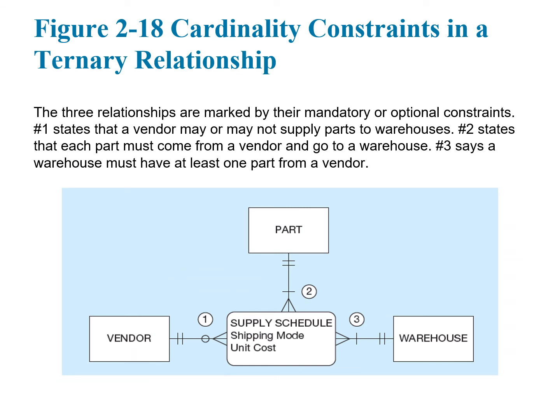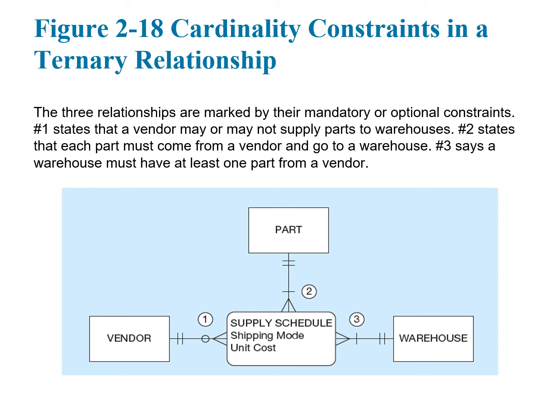Figure 2-18, cardinality constraint in a ternary relationship. The three relationships are marked by their mandatory or optional constraint. Number one states that a vendor may or may not supply part to warehouse. Number two states that each part must come from a vendor and go to a warehouse. Number three says a warehouse must have at least one part from a vendor.